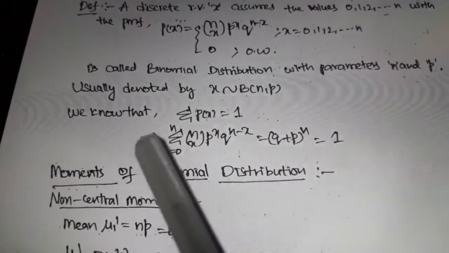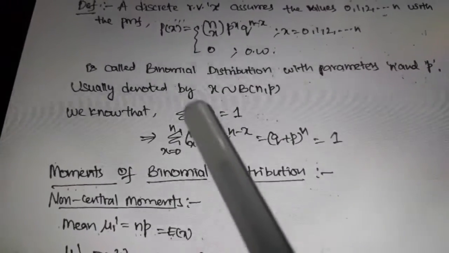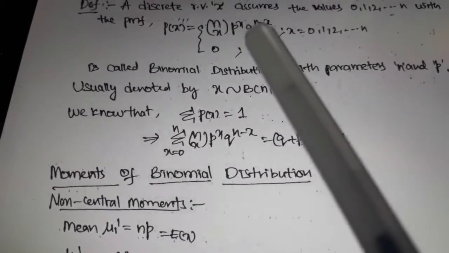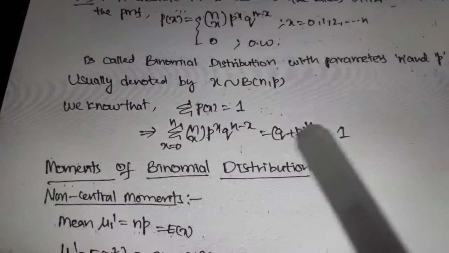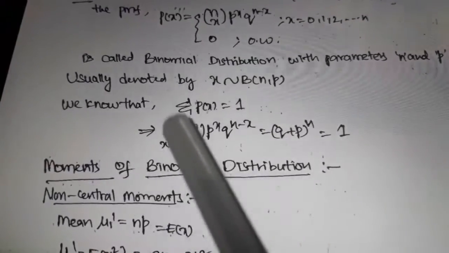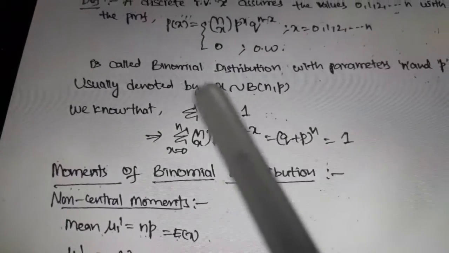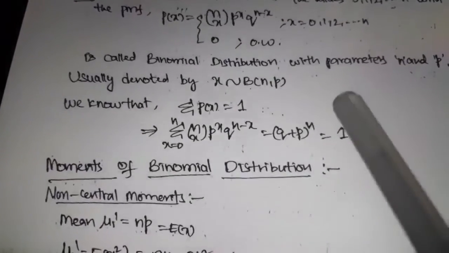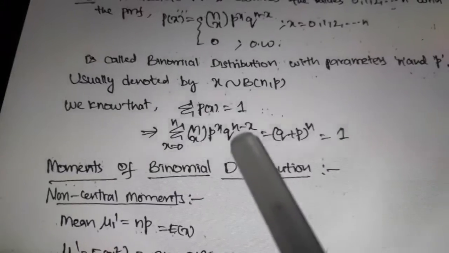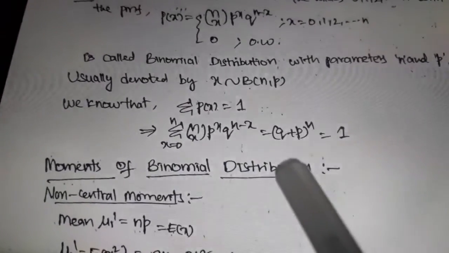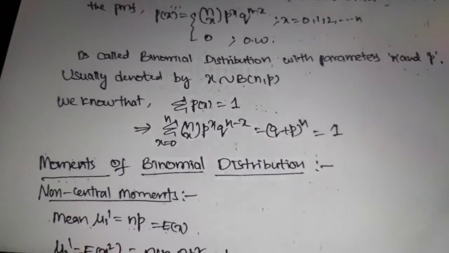Now, look at this statement here. Summation P of x is 1. Summation P of x in the sense of this respective function here is of the form of a binomial expansion. What is the binomial expansion? Like x plus y whole power n. Here x is q, y is p, like q plus p whole power n. q plus p is 1, and 1 power n is 1.